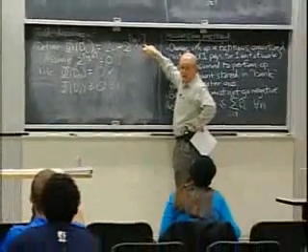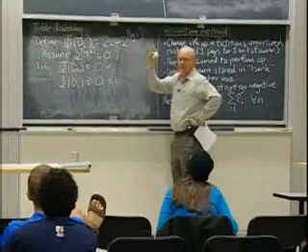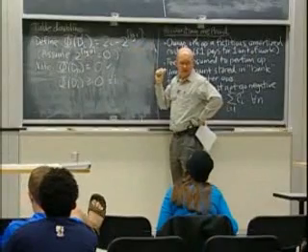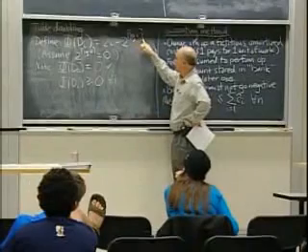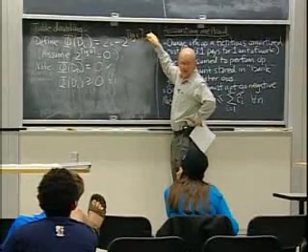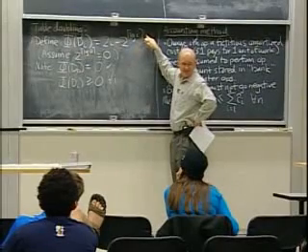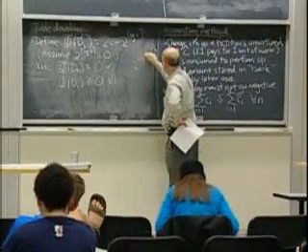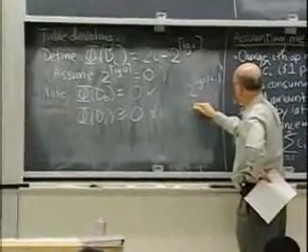Ceiling of log i is either log i or log i plus 1. So the biggest it is, is log i plus 1. If it's log i plus 1, 2 to the log i plus 1 is just 2i. That's the biggest it could be.